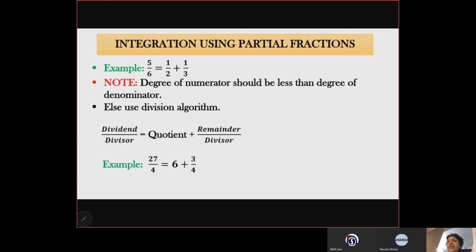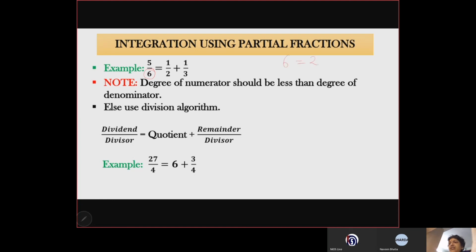But suppose I have a fraction or a rational function where the numerator is not a derivative of the denominator, then we can use the method of partial fractions, meaning the given quotient, we try to reduce it into simple fractions. For example, if I have 5 by 6, what are the factors of 6?